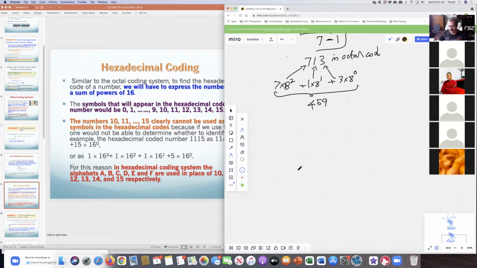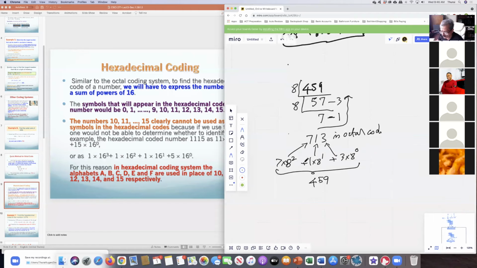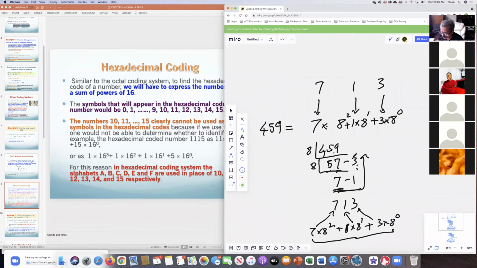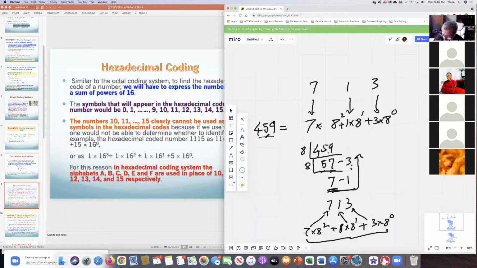When you convert the decimal number to octal, you write this expression. All these digits have to be less than 8, right?